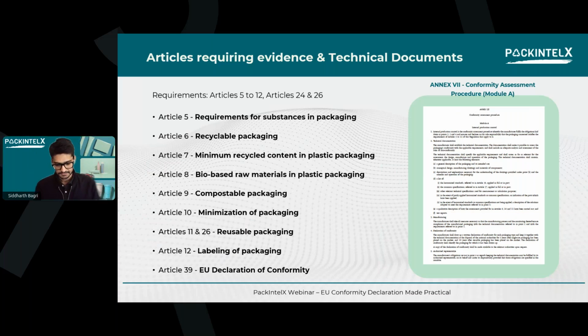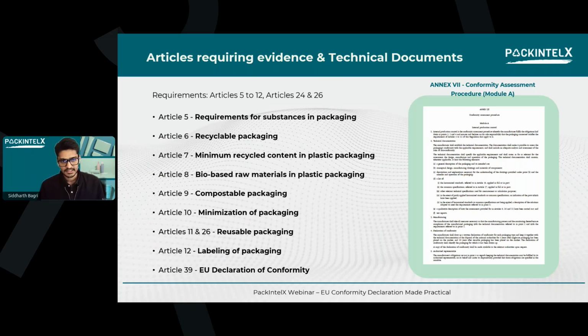If a packaging is placed above these limits of heavy metals and PFAS, then that packaging will be considered non-compliant. And to be very honest, there is quite some packaging which contains these chemicals, and there needs to be a strong control in place to ensure they are below this limit. So we'll be discussing that in detail.